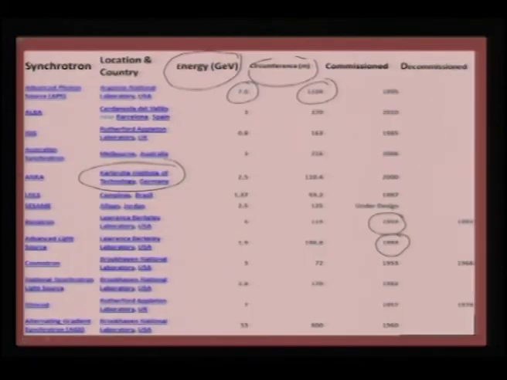They have a circumference of 1000 meters, but we have a very small unit, and the capability is also very less. Therefore, we can only study organic molecules using this facility. It is not possible to study heavier atoms. So, this is limited. Nevertheless, we are also on the map as far as synchrotron radiation is concerned.